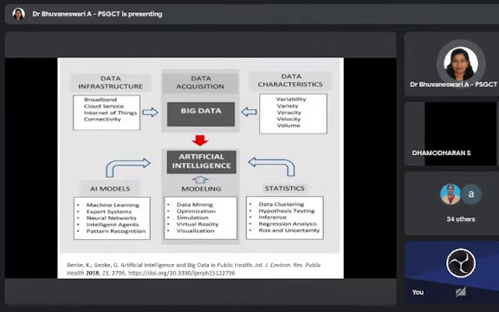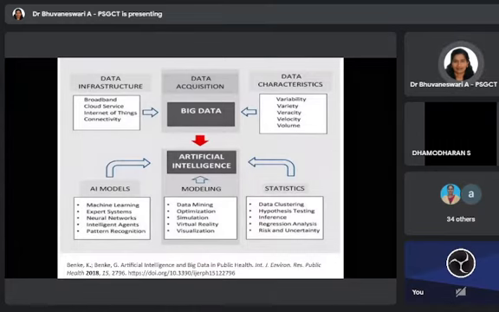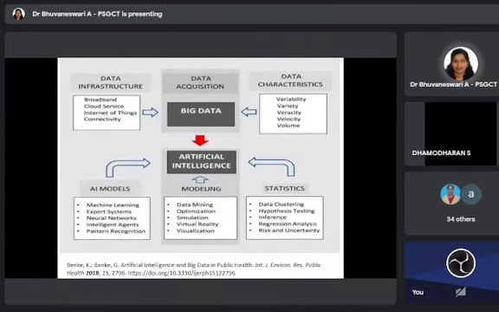AI requires data. Okay, so how do the applications acquire the data? Data acquisition is mainly based on social media, the cloud, broadband, the internet, the Internet of Things, and the communication media. So all these are the sources of data.